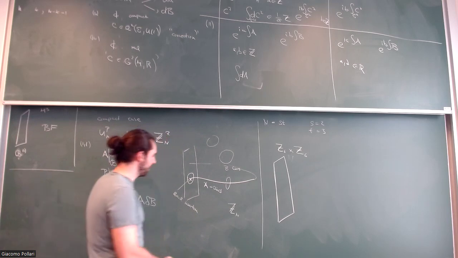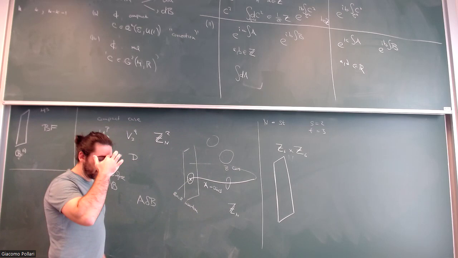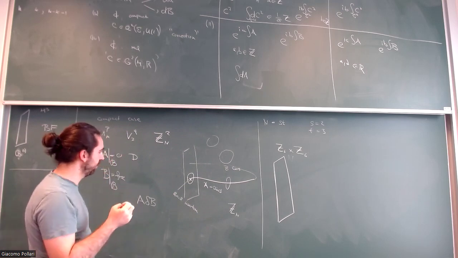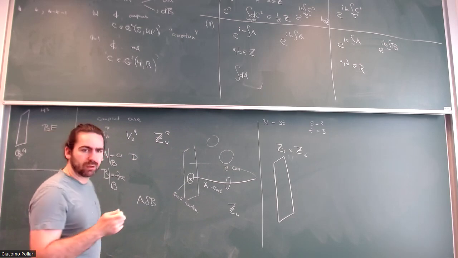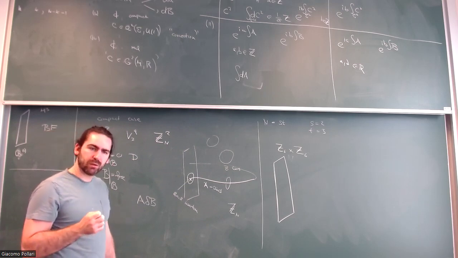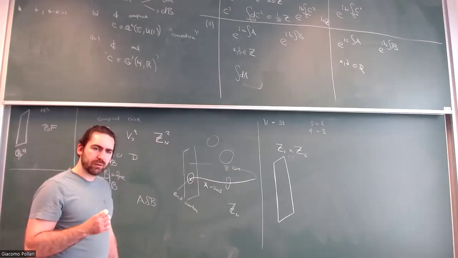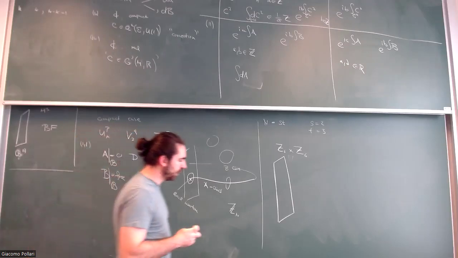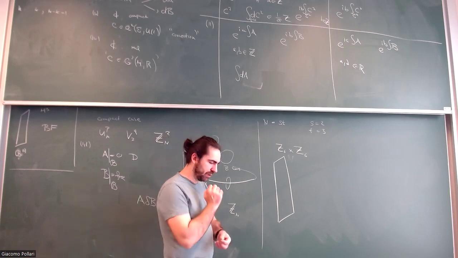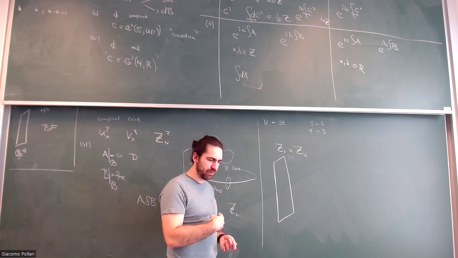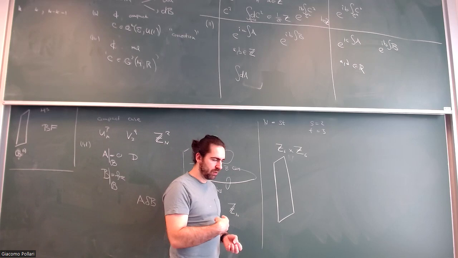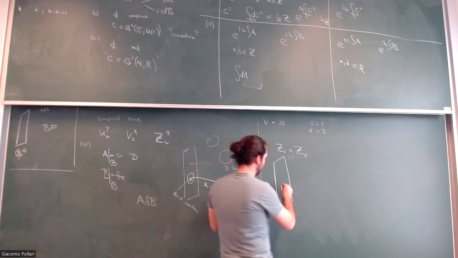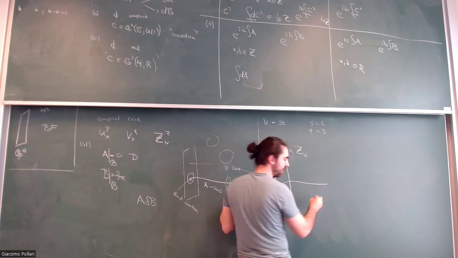Why is that the case? Why can't I have both A and B lines ending? Well, they have to be mutually transparent. Imagine that I have two lines which can end at the boundary, but they have linking.